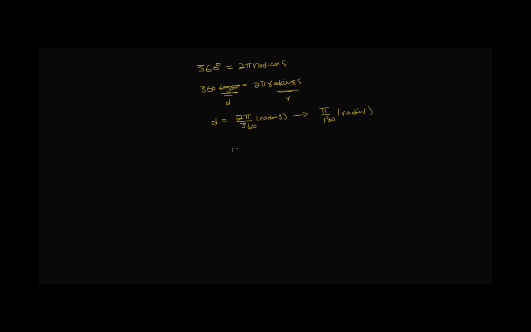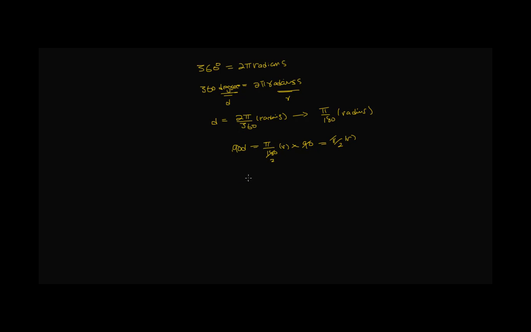On the left side we get 90 degrees, and on the right it's going to be pi by 180 times 90, which is pi by 2 radians. So 90 degrees is pi by 2 radians.